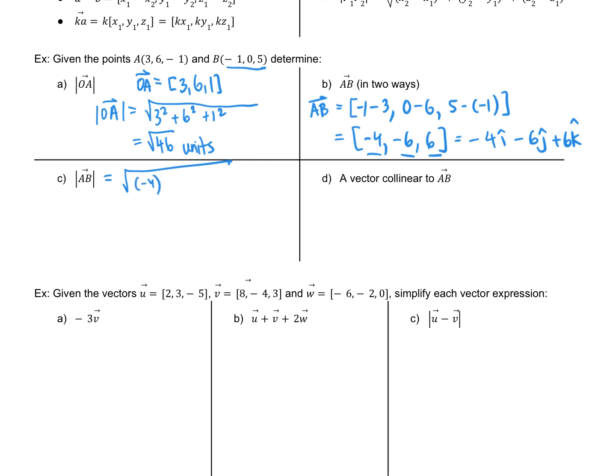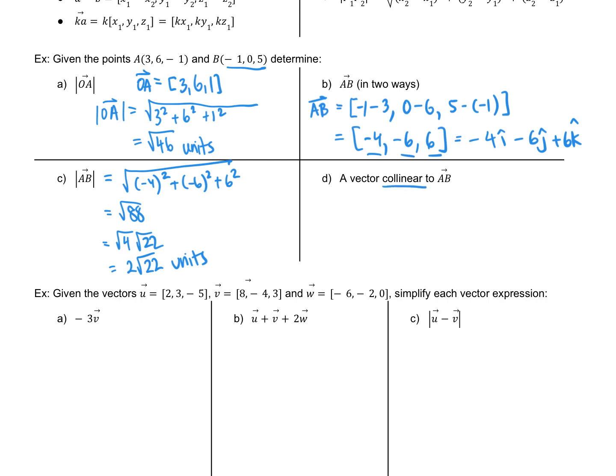The square root of -4 squared plus -6 squared plus 6 squared. That gives me the square root of 88. And 88 can be written as 4 times 22. So 2 root 22 units.